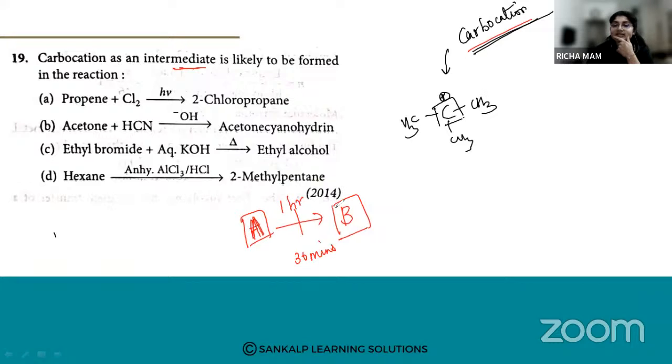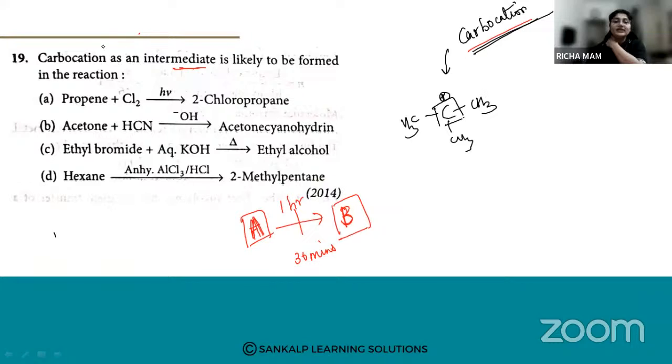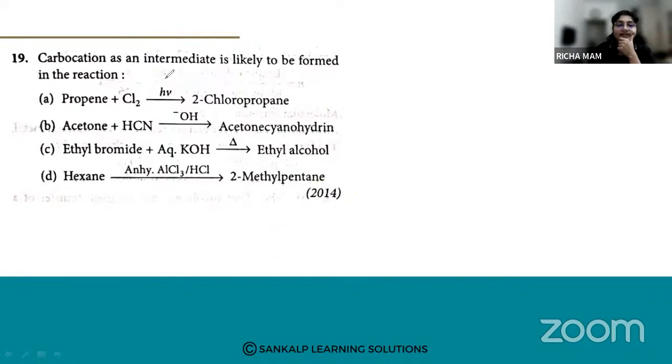Half of the A has converted into B, and the other half is still to be converted, right? So that intermediate point, the middle, between the reactants and products, is called the intermediate. So carbocation as an intermediate is likely to be formed in the reaction.